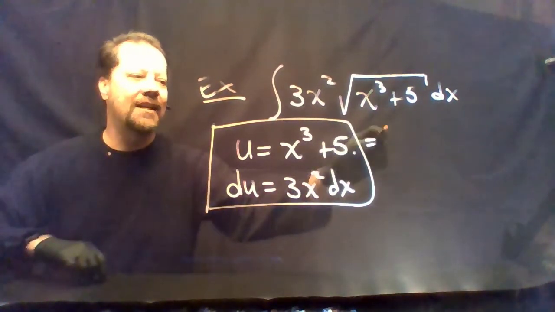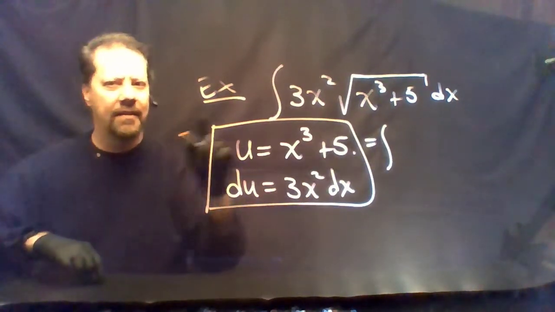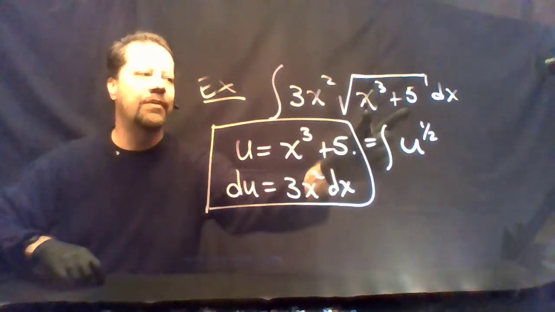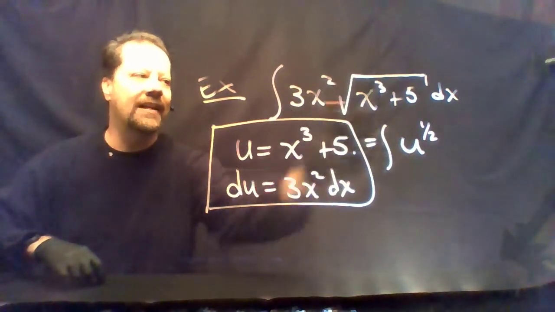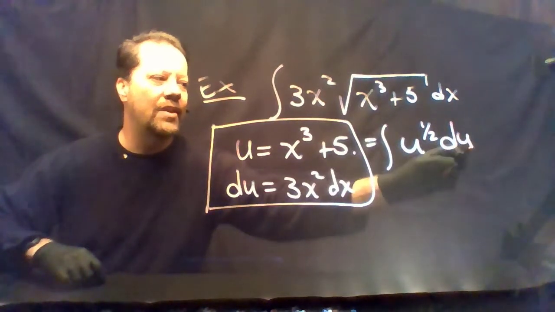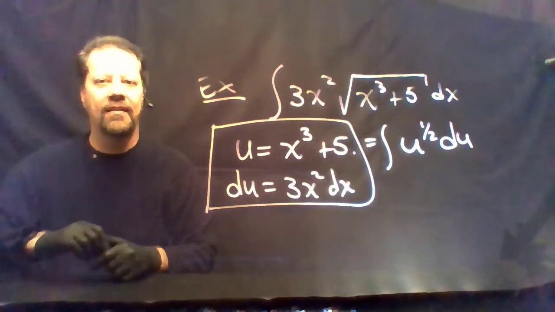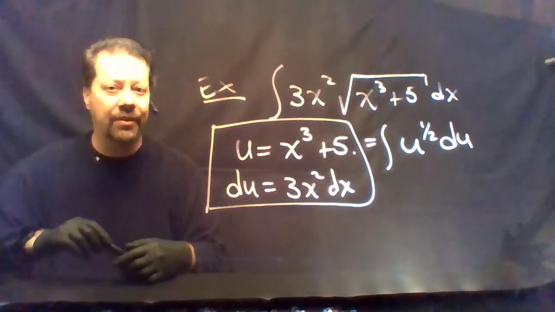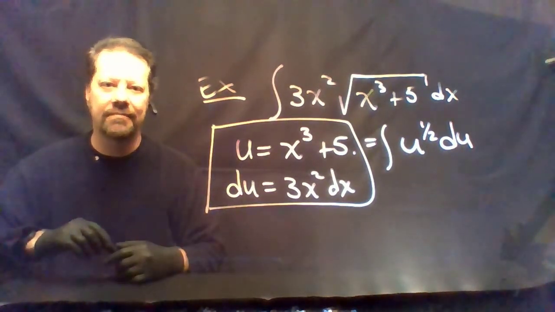The integral is now transformed. It transforms as u to the power of 1/2, or the square root of u, and then the 3x squared dx goes away to become du. You need to know what happened to every single term in this expression.